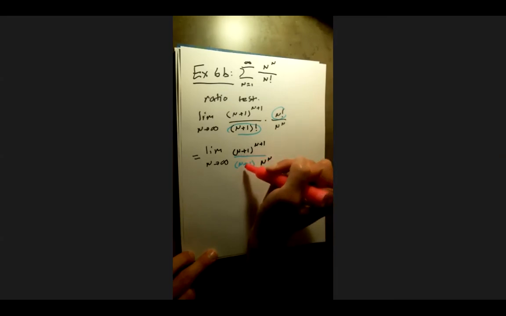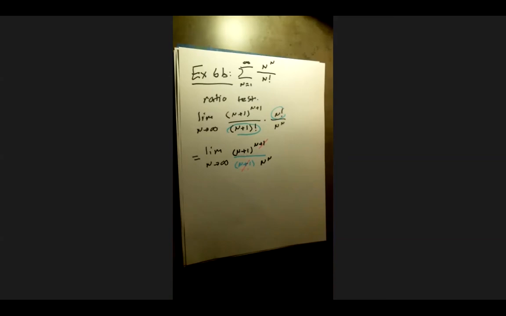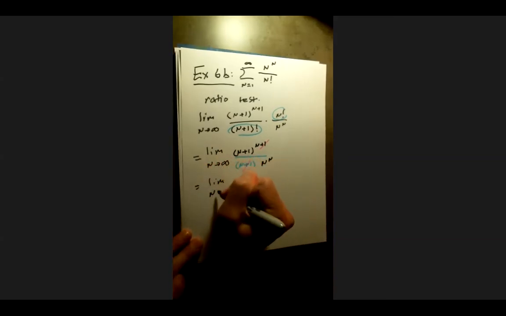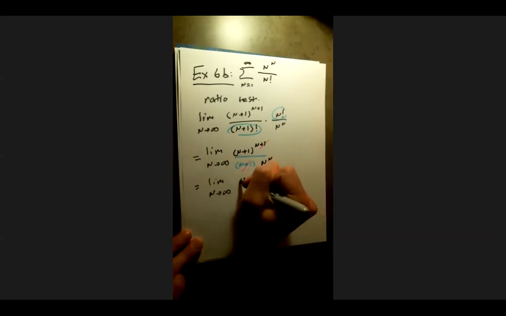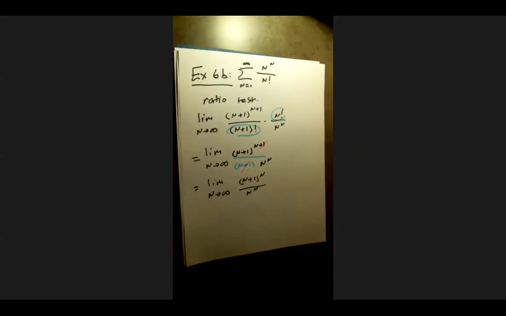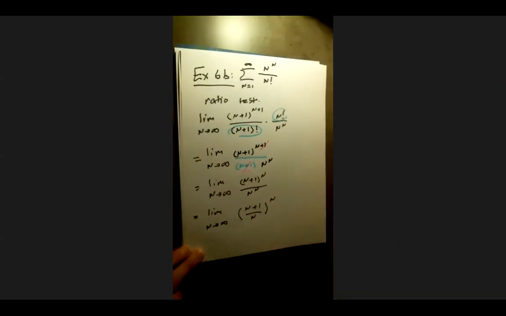One of these n plus 1s cancels, leaving you with the limit as n goes to infinity of (n plus 1) to the nth power over n to the nth power, which could be written as the limit as n goes to infinity of (n plus 1 over n) all raised to the nth power. Any questions so far?